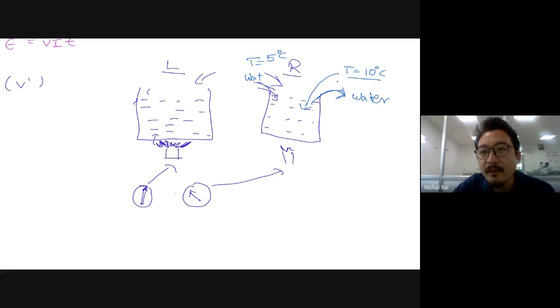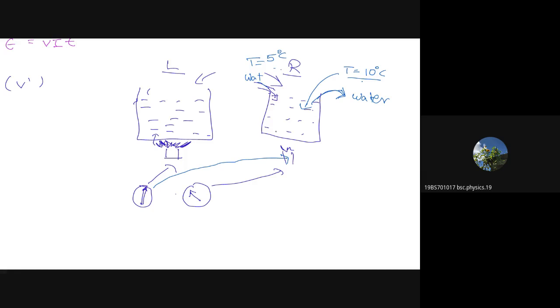And you are not changing the rate over here. Now what you do is you increase the heat. Will the difference still remain 10 degrees Celsius? Did you get my question?